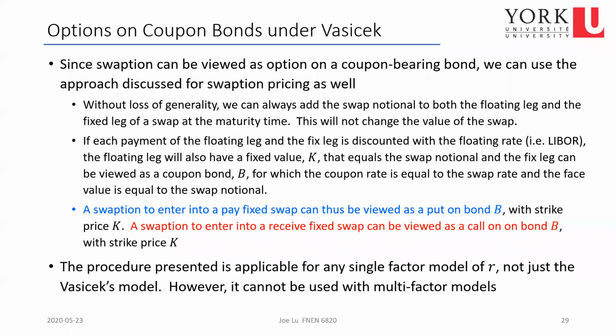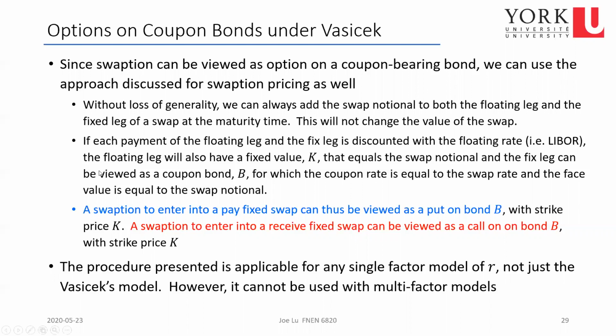For a swaption on a pay-fixed swap, the swap allows you to receive the floating side and pay fixed. The floating side has a value of K, and the fixed side has the value of the coupon bond. You now have an option on a coupon bond with a strike equal to K.